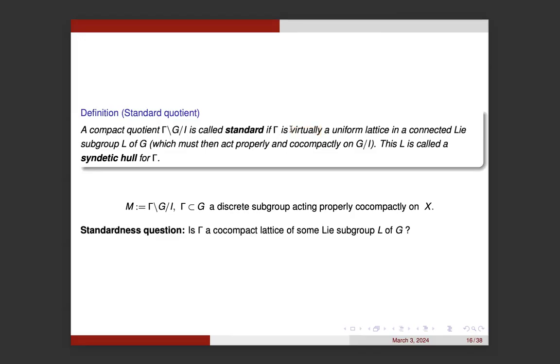This condition translates to saying that, up to taking a finite cover... When I have a standard compact quotient, this group L is called the syndetic hull of gamma inside J. So the standardness question is asking whether a discrete subgroup of J acting properly, freely, co-compactly is a co-compact lattice in some Lie group L of J.